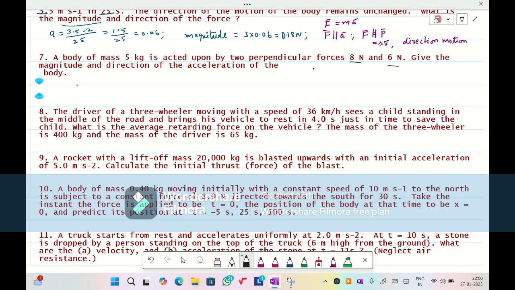Here in the problem it is not mentioned in which direction the 8 newtons and 6 newtons are acting, so whatever you can take. I will go with 6 newtons here, and this is 8 newtons.